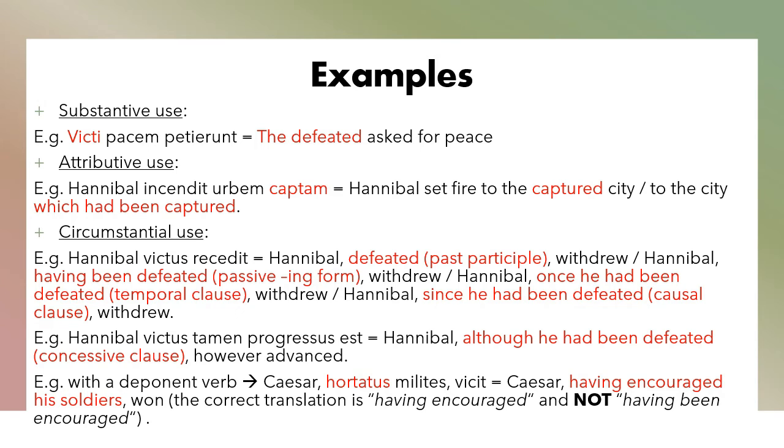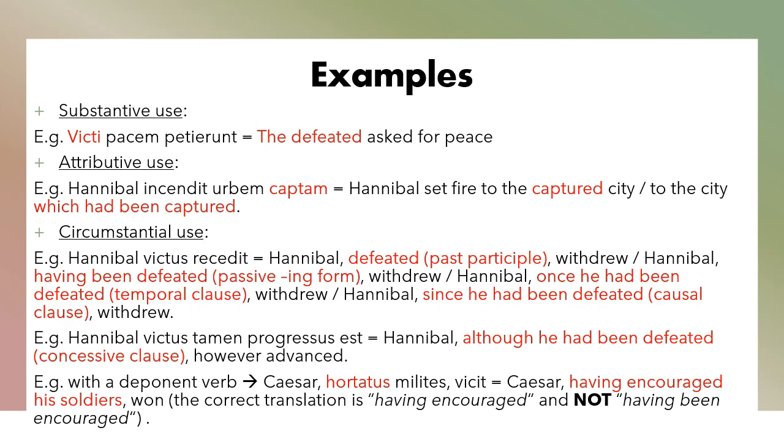If you wish to use a relative clause, you have to be careful, because the action has to take place before the action of the main verb. So Hannibal set fire to the city which had been captured. The city was captured first and then set to fire. I think you can also use a passive ing form: Hannibal set fire to the city having been captured.